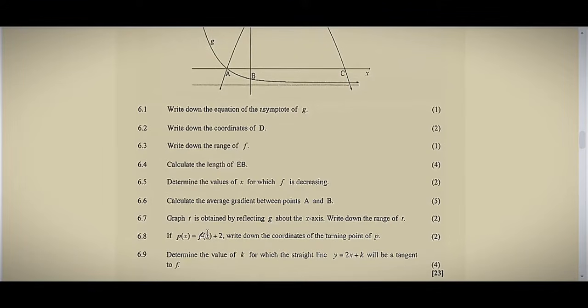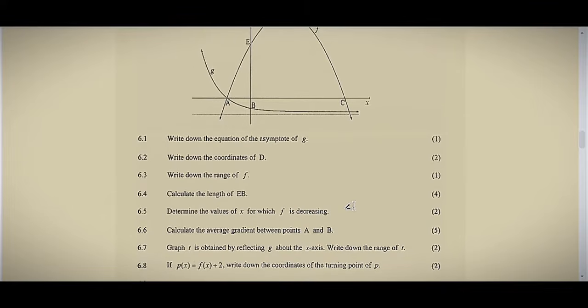Then we are told here graph T is obtained by reflecting G about the x-axis. Write down the range of T, right? So if you are reflecting the graph of G about the x-axis, that means we are reflecting it along this line here, right? So I need you to understand this.